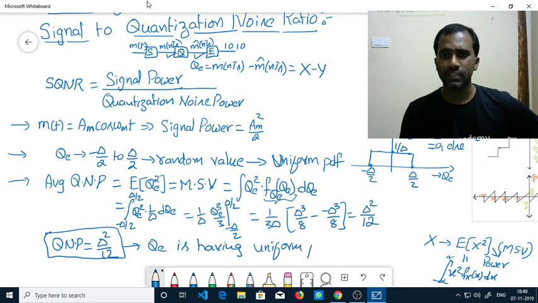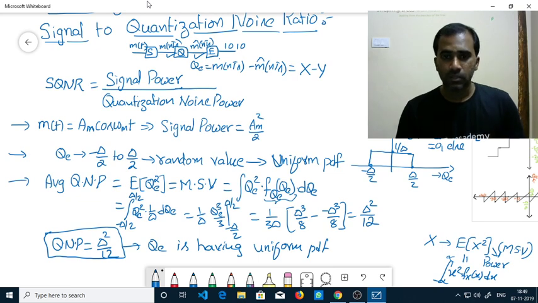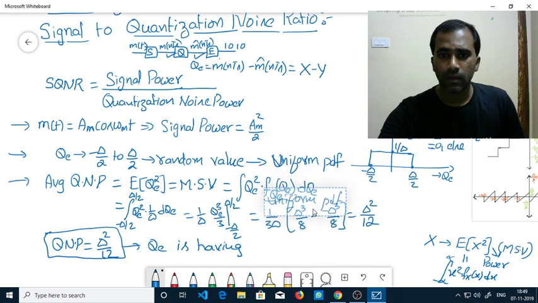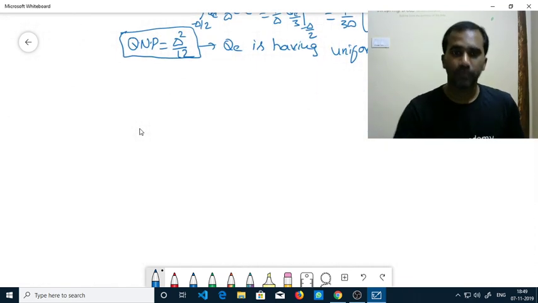Okay, under what conditions is this formula valid? Whenever somebody says quantization error has a uniform PDF, or says the same thing in a different manner. In what situations can you use this formula? Let me tell you.